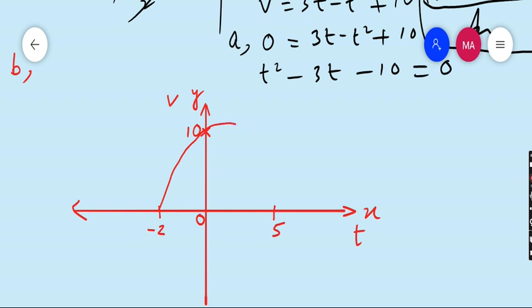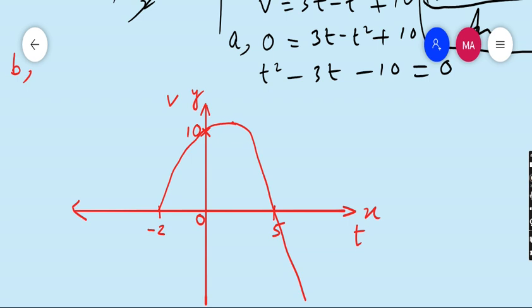and in this case there is no need of the turning point. Otherwise we are very able to find the turning point, but the turning point is not necessary in this question. We just draw the graph, this is the sketching.